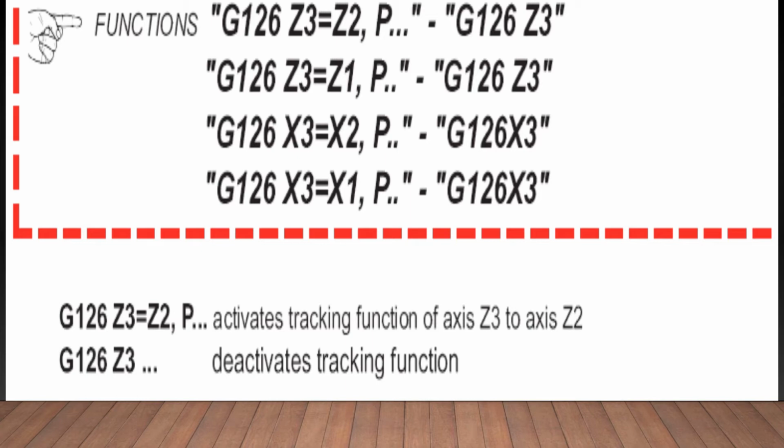It will follow those moves because they're synchronized together. They're tied together. And then the last one here, G126 X3 equals X1. So again, channel 1. If X1 moves and X3 is supposed to be synchronized with it, it moves with it.